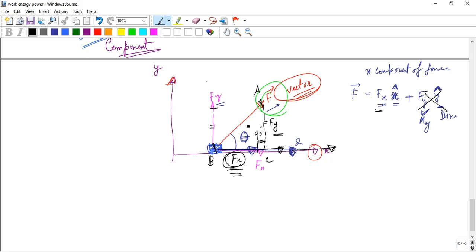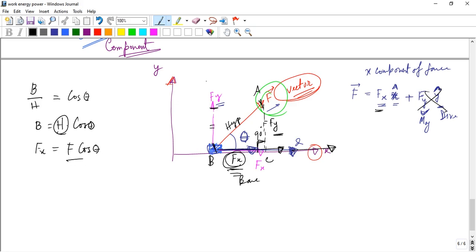The ratio of base by hypotenuse is cos theta, a basic trigonometric ratio. So base equals hypotenuse times cos theta, and the base is the x part, Fx, so Fx equals F cos theta.